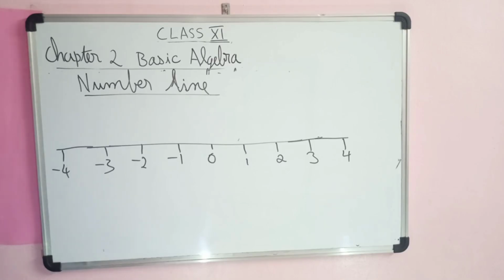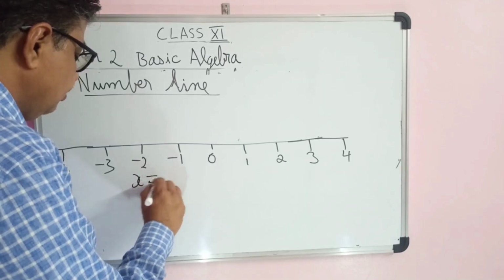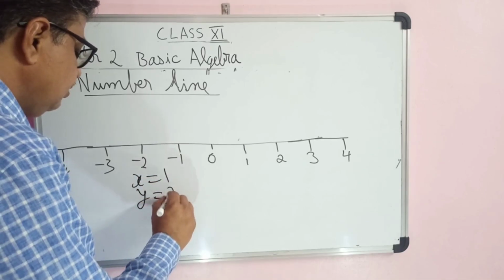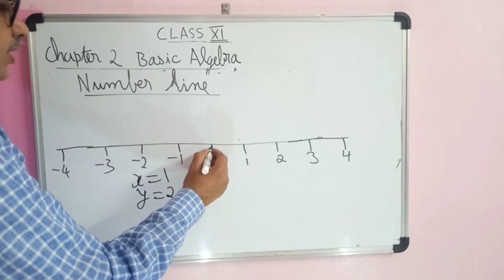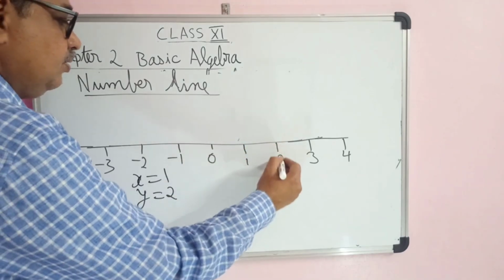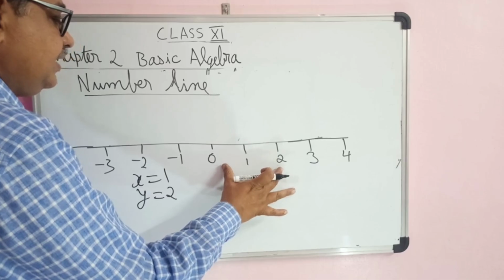We can represent rational numbers using the number line. For example, take x is equal to 1, y is equal to 2. x is equal to 1 is here, y is equal to 2 is from 0 to 2 here. So this is 2 units, this is 1 unit.